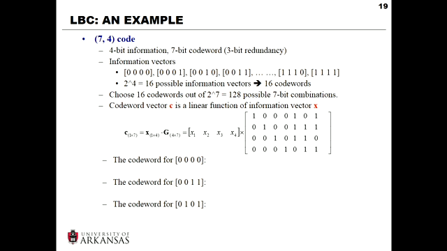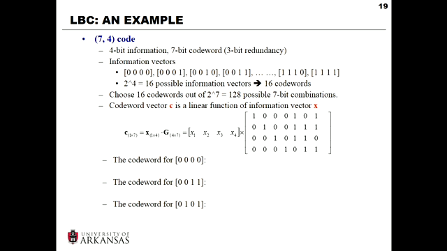There are a total of 128 possible combinations of any 7-bit sequence. However, we only need 16 of them. Only 16 of them will be valid code words, and all the remaining ones will be invalid sequences.